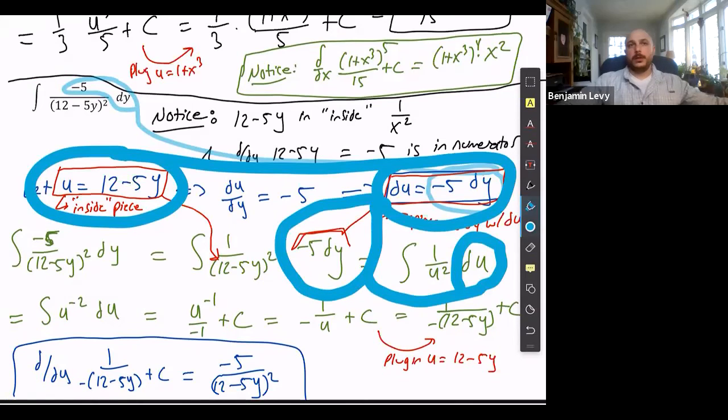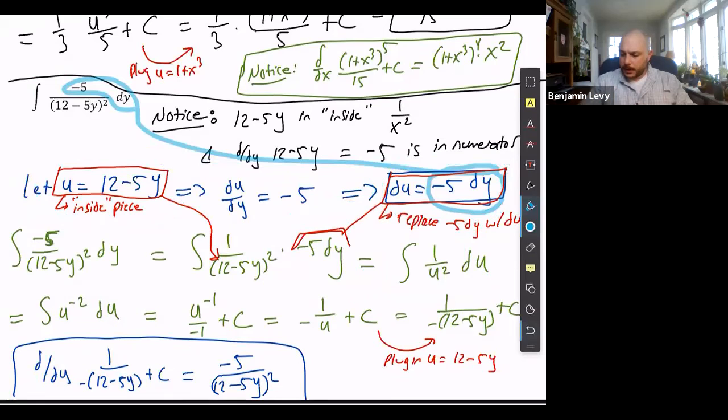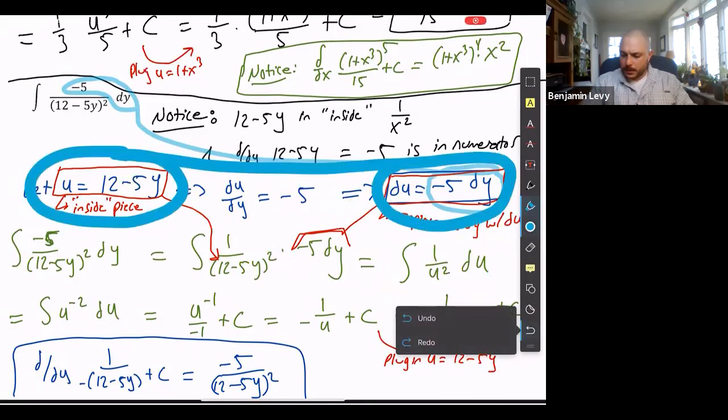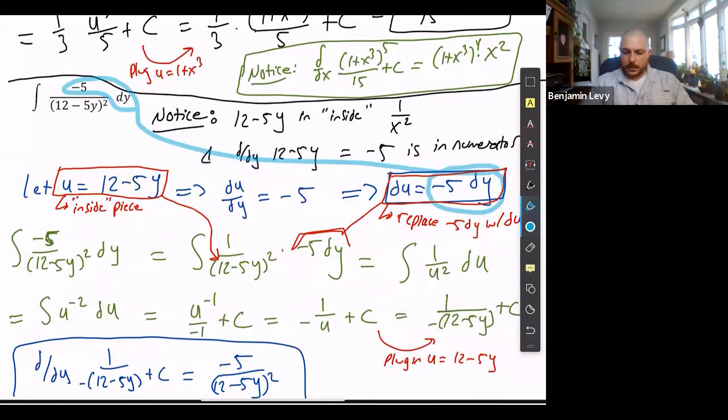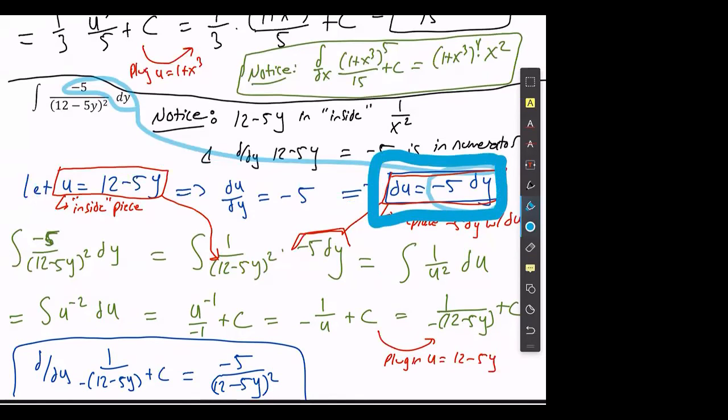So you do the du dy part, and then you're just looking at the original function. Do you see this thing I'm circling in thick blue now? The -5 dy is on the right.